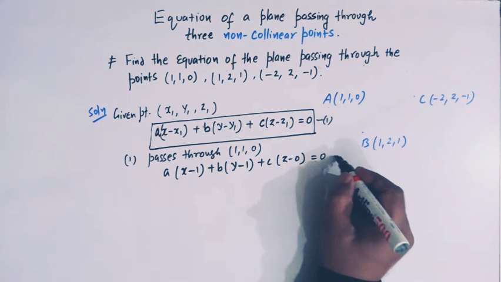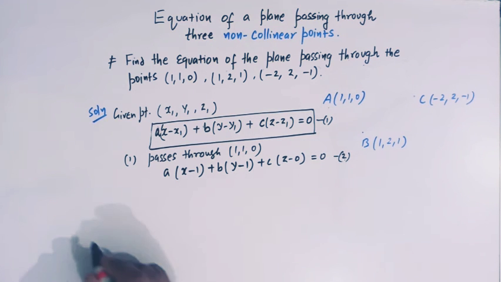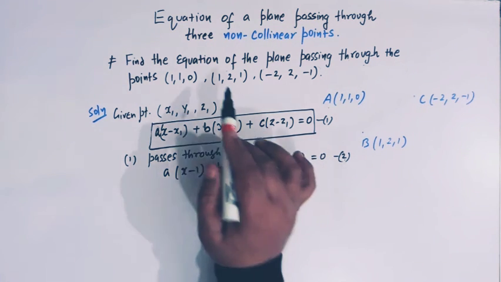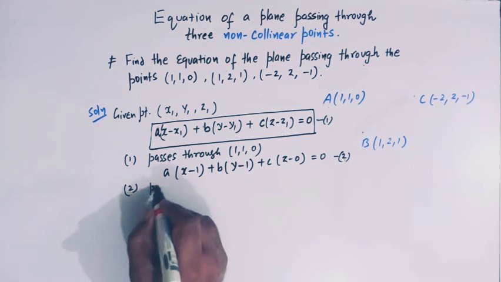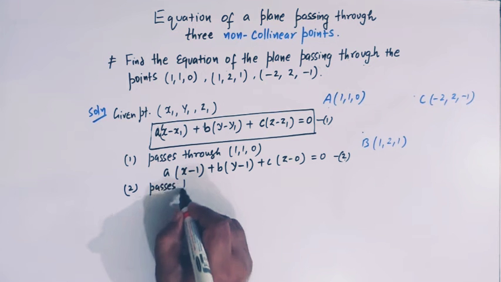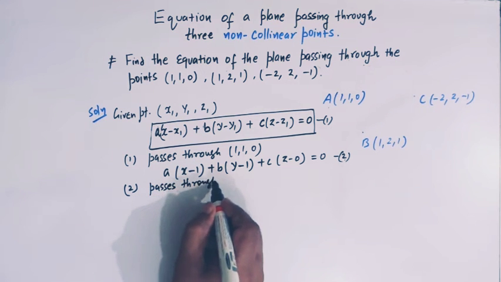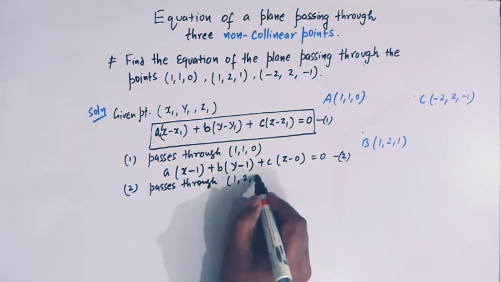Now this equation, equation number 2, passes through this point, (1, 2, 1).